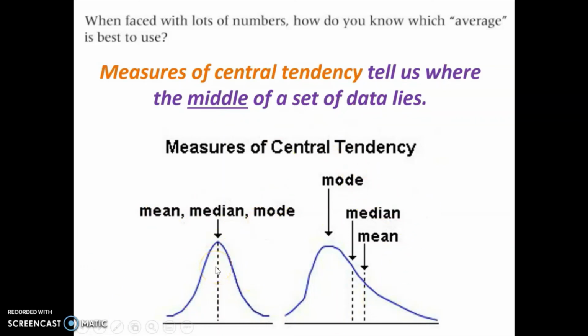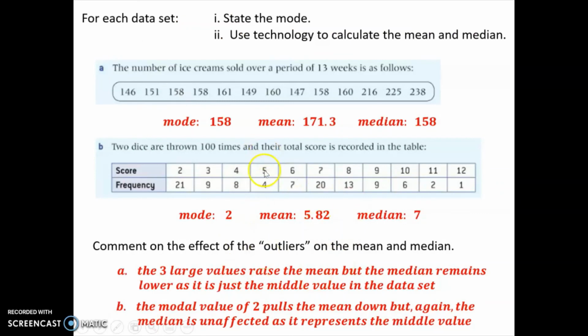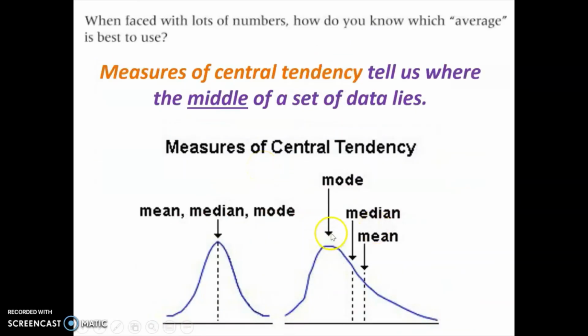And basically what we just saw in this example here, when you have outliers, for example, this data set here has some outliers on this end. Those outliers affect the mean, but not the median, for example, right? So the mean here is pulled up by these outliers, but the median is not pulled up as much because the median is just the middle value. Whereas here in the symmetrical data, mean, median, mode are all identical.